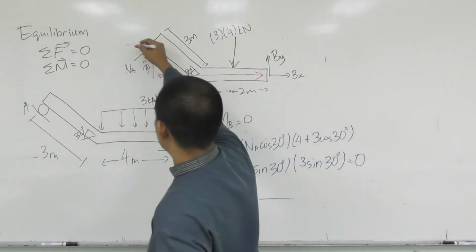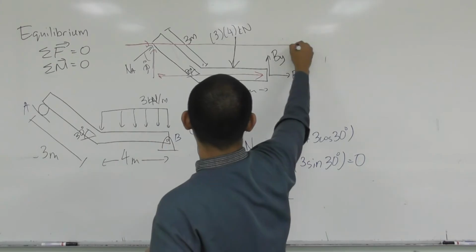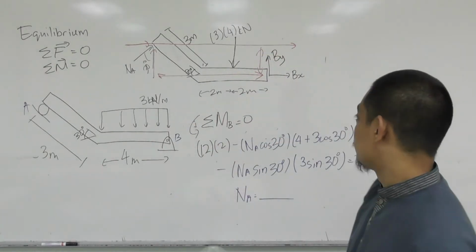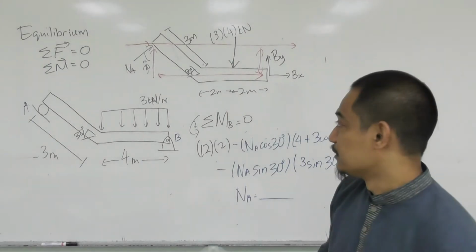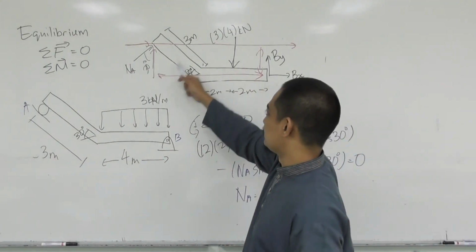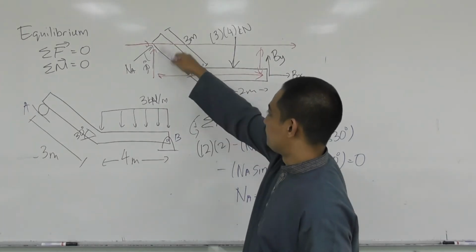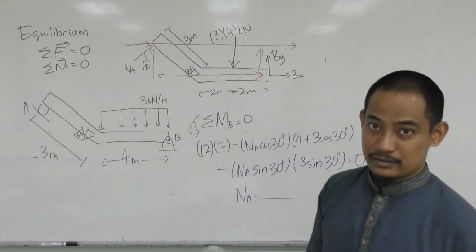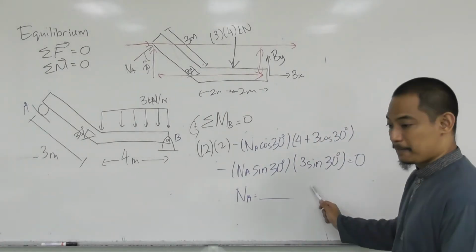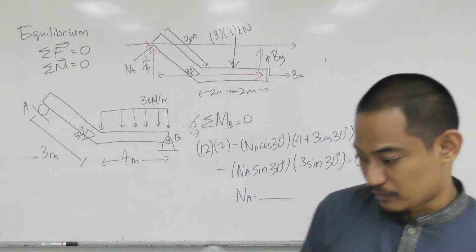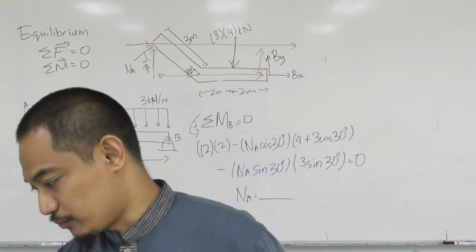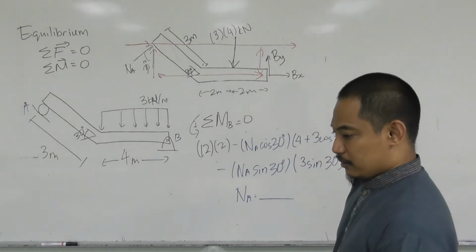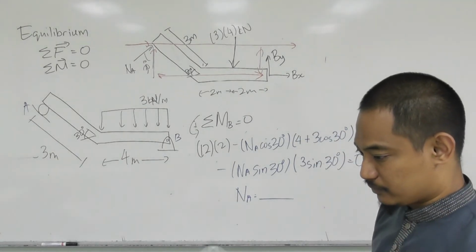And if you prolong the horizontal force here, this is obviously the perpendicular distance. Hence, using this 3 meters, you have 3 sine 30, and 3 cos 30 plus this length there, and hence you get this. Hopefully you understand what's going on. Alright.